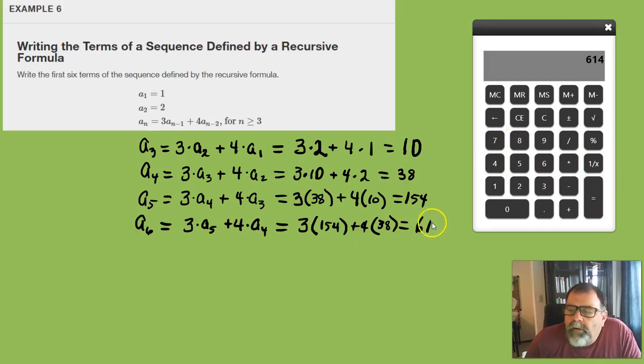So you can see this starting to grow pretty big. So our sequence, first 6 terms: 1, 2, 10, 38, 154, and 614.